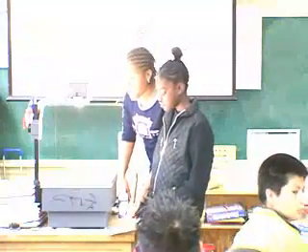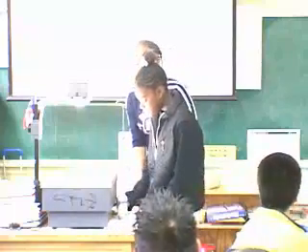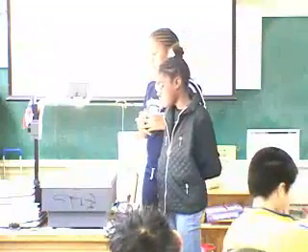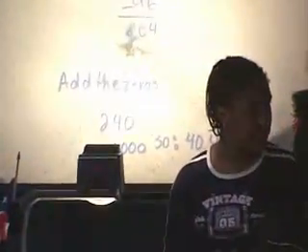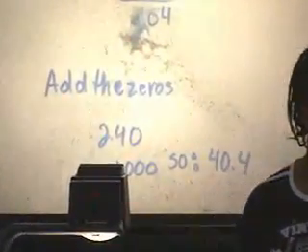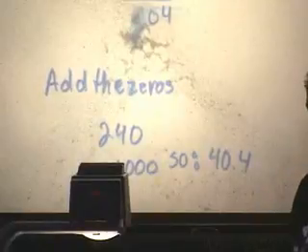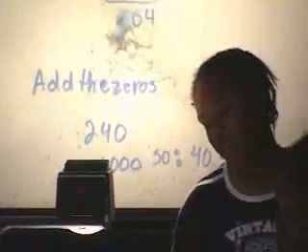Just a little bit louder. We took away the zeros, and then we put divided by 100, and we got 4. We raised it 4, and we had to add the zeros back. Okay, so how many students and teachers did you come up with? 40.